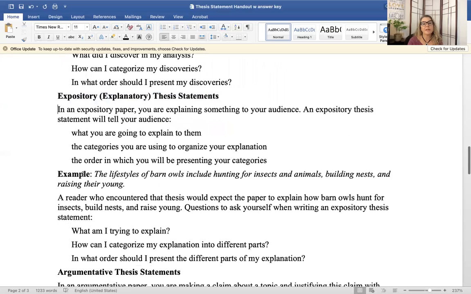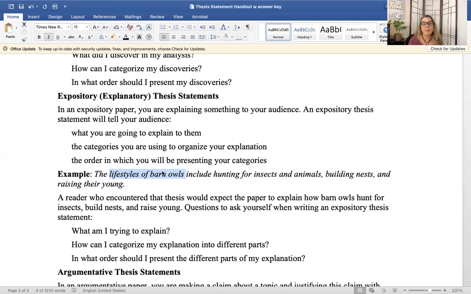Okay, so let's look at an expository thesis, and it reads: the lifestyles of barn owls include hunting for insects and animals, building nests, and raising their young. All right, so you're going to explain to your reader the topic of barn owls. Remember, we always need that topic plus the explanation, the assertion, and so on.